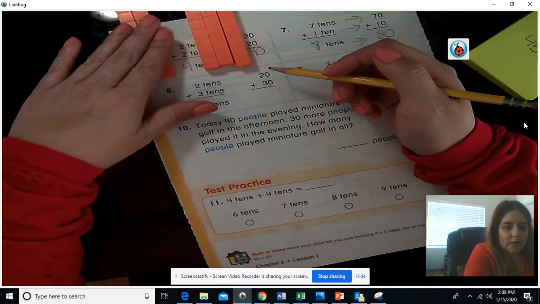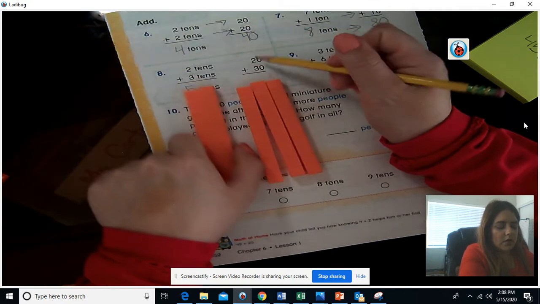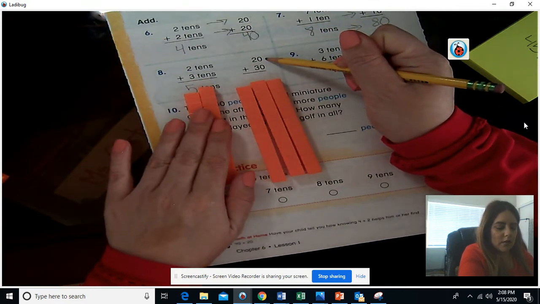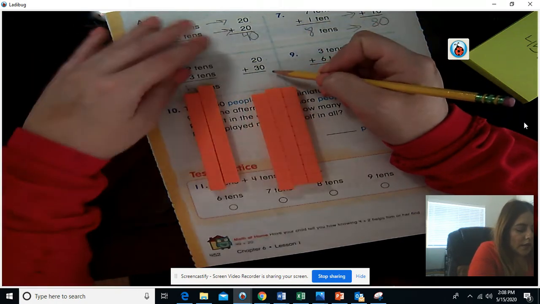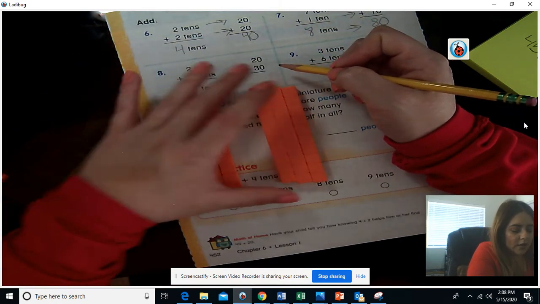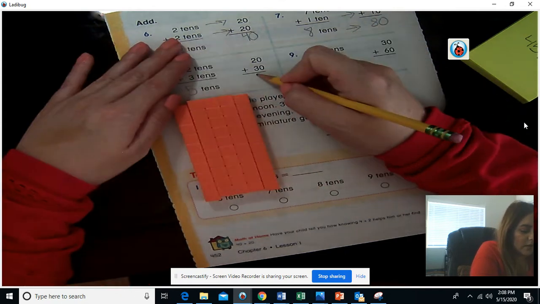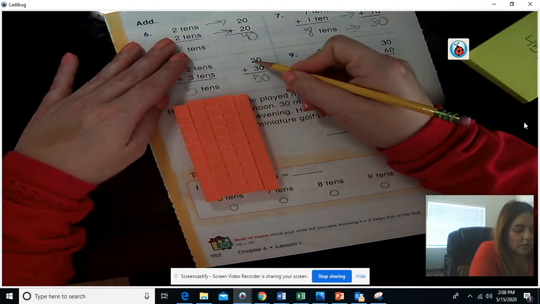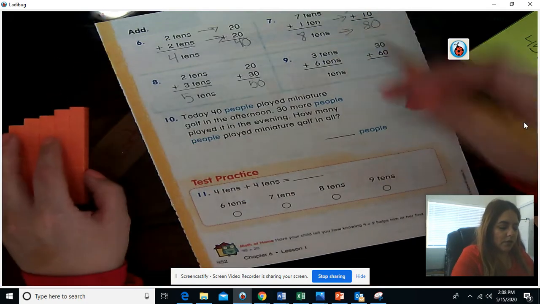Now 20 plus 30 equals 20, 30, 40, 50. Or we can do 2 plus 3 equals 5, 0 plus 0 equals 0.